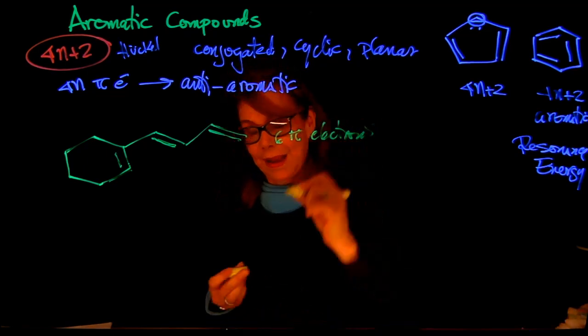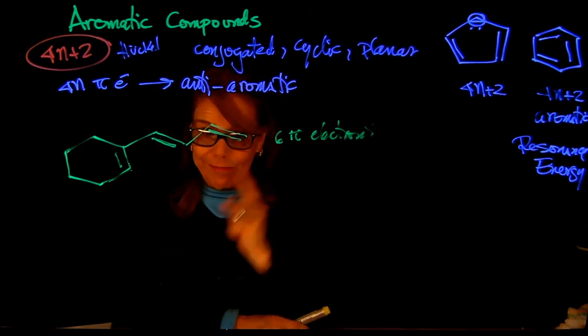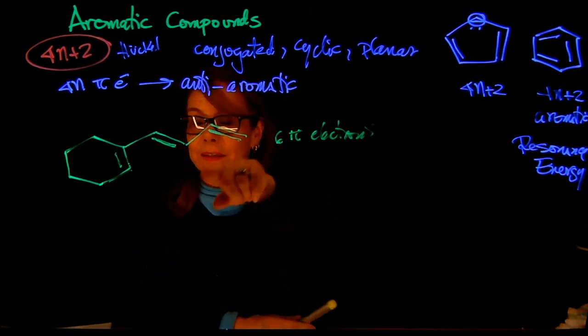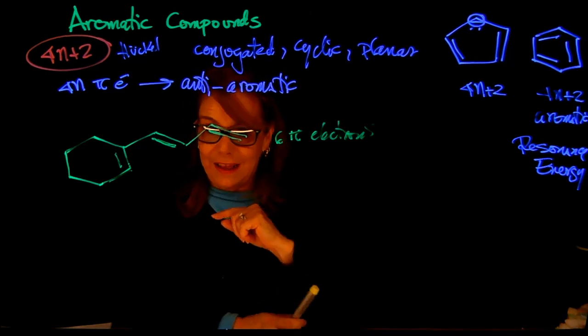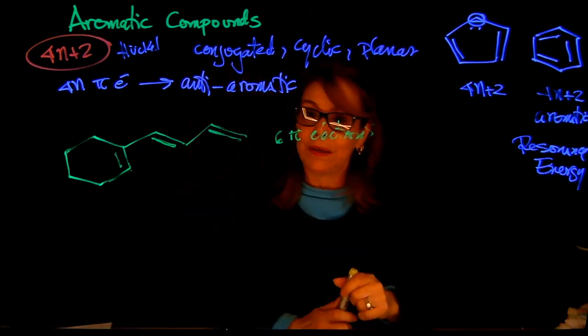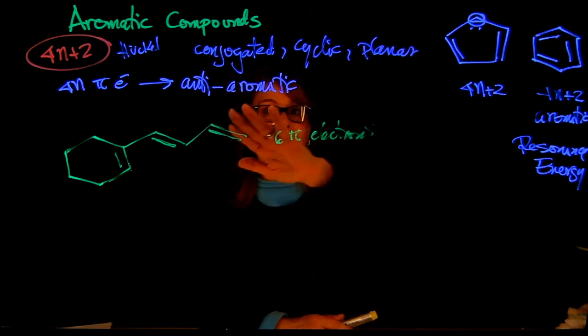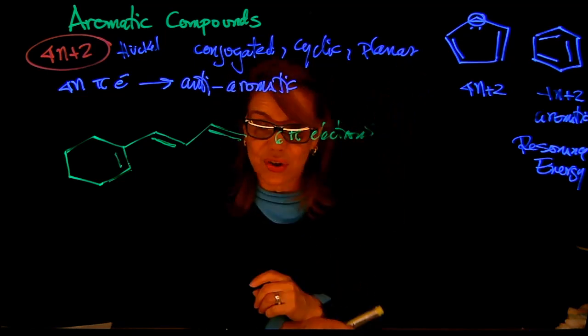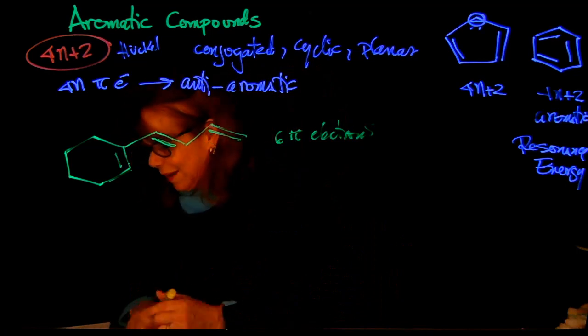However, the electrons are not all in a cyclic structure, so it is not a cyclic system. And because of that, we are already not in that rule. So it cannot be considered aromatic or anti-aromatic, since not everything is in a cyclic structure. So it's simply non-aromatic, that example.